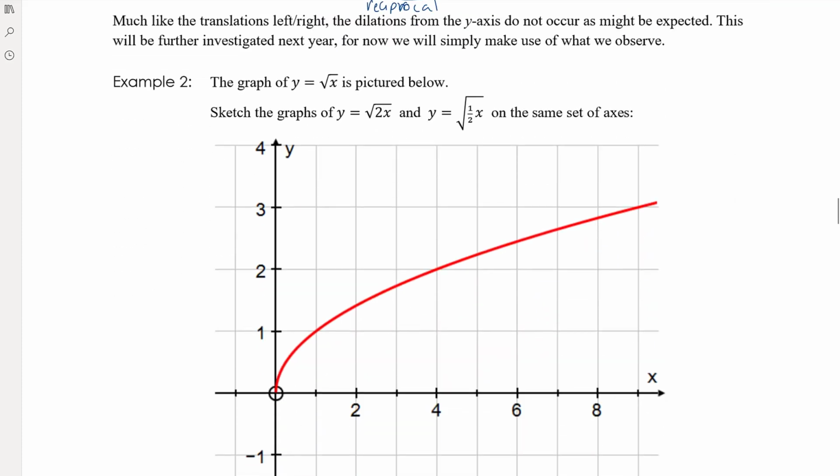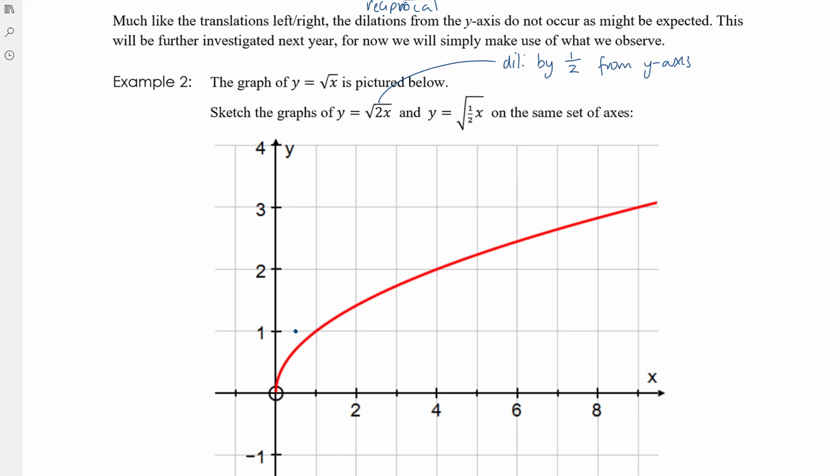Okay, sketch the graphs of square root of 2x and square root of half x on the same set of axes. Square root of 2x is a dilation by 1/2 from the y-axis. So that means all the x coordinates are going to be halved. So this point at 1, 1 goes to 1 half, 1.